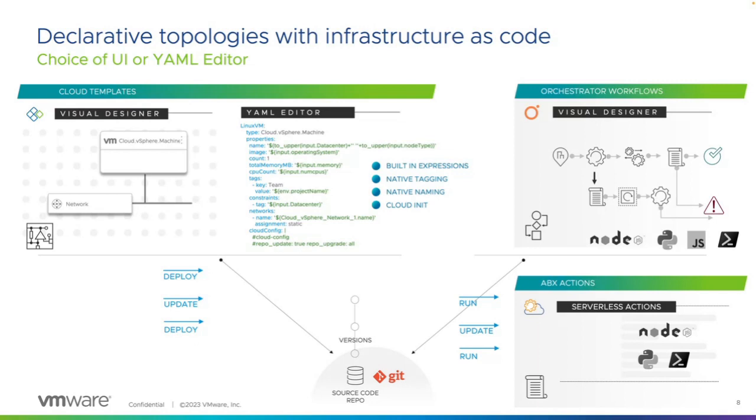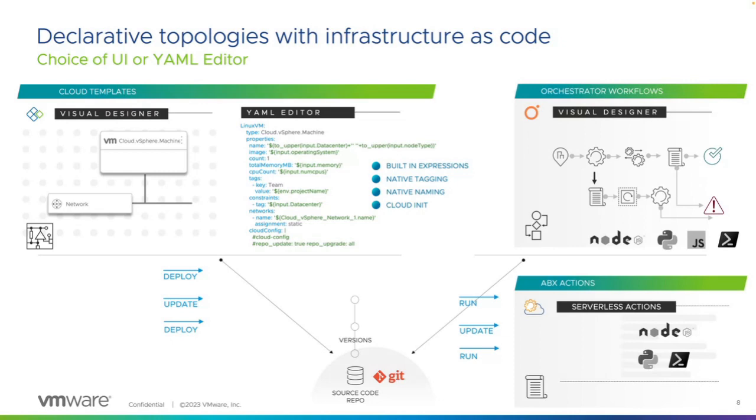Before it was mostly Java. Now there's Python, Node.js, and PowerShell available as well, which has been pretty nice. As you create your orchestrator actions, you can even upload Python libraries and so forth if you need to add different modules.